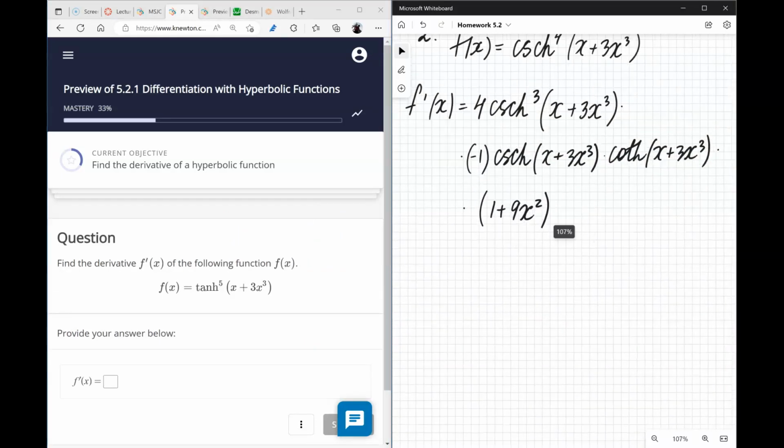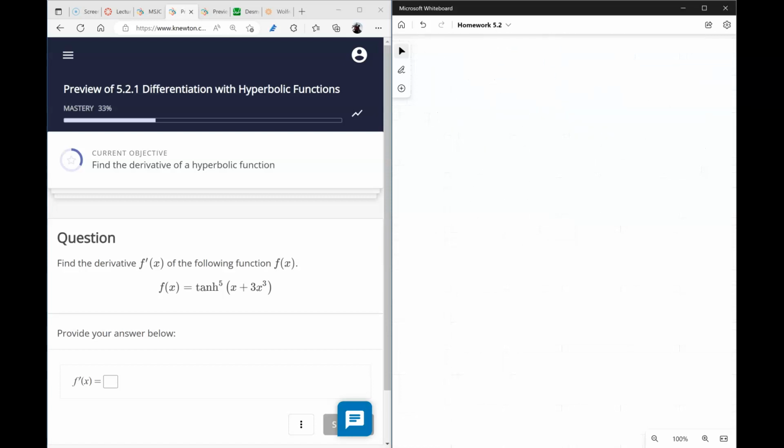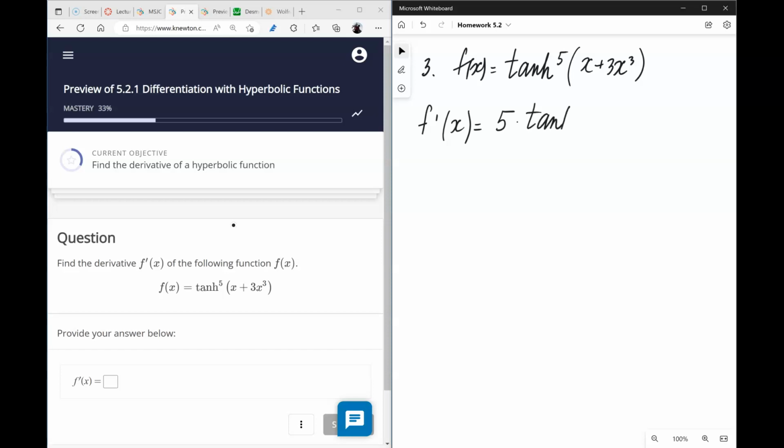We have hyperbolic tangent raised to the power 5 of x plus 3x cubed. So derivative of f will be the power 5 goes to the front. We have hyperbolic tangent raised to the power 4. All the inputs are the same.